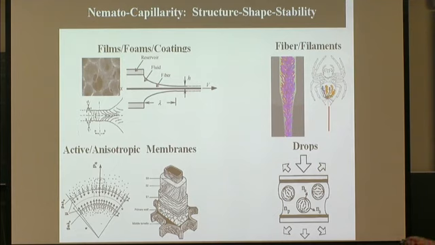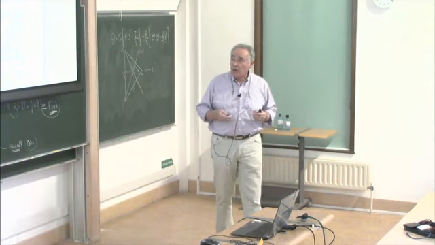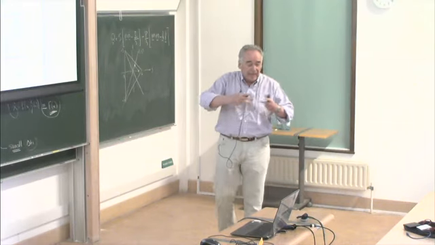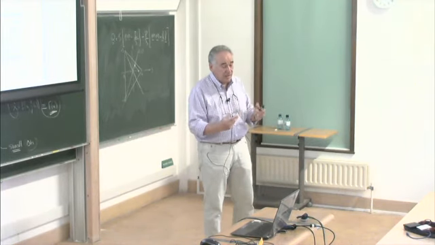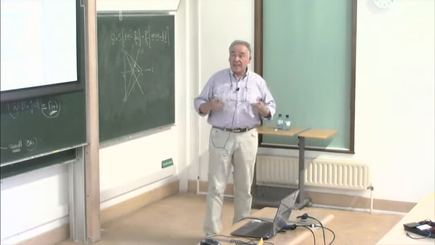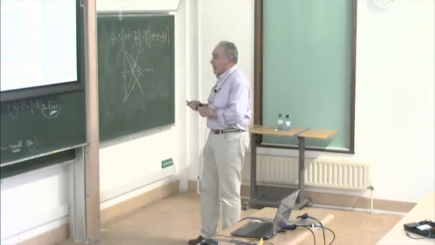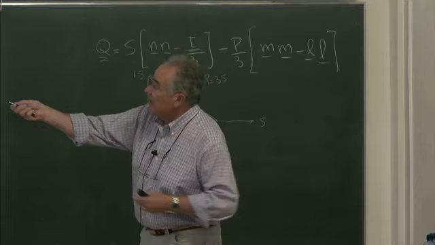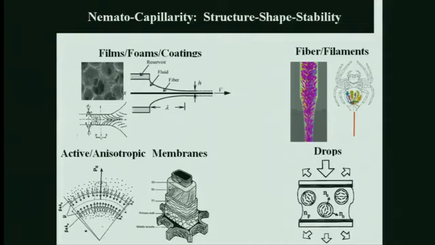And this area is very active now: active anisotropic membranes. Here, the difference is you have a membrane, you have membrane elasticity, you have bending and torsion resistance. That's described not only by a Q tensor, like in these systems here, where you can do well with a Q tensor.